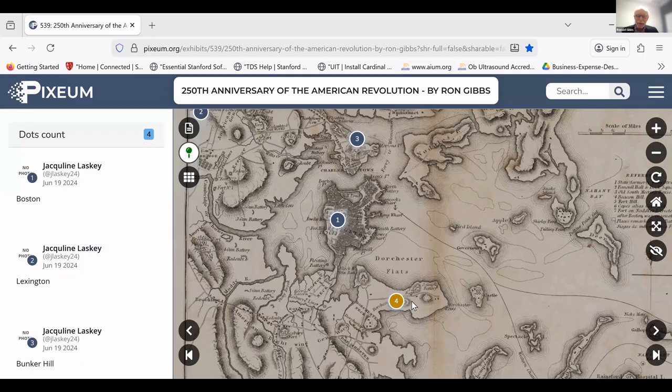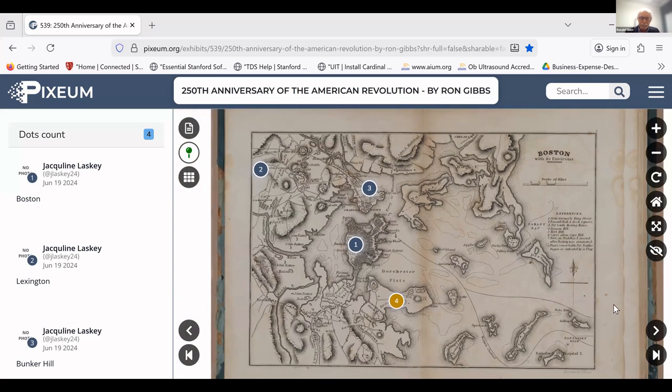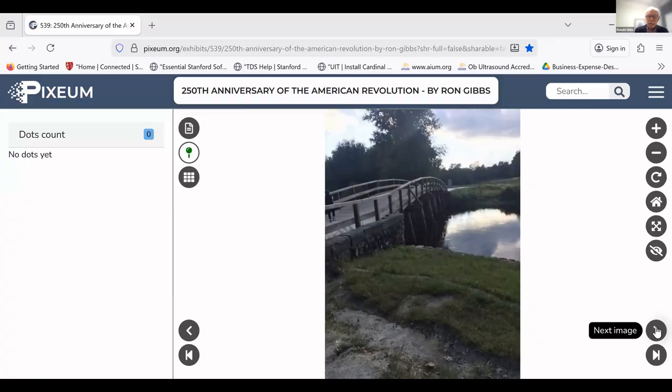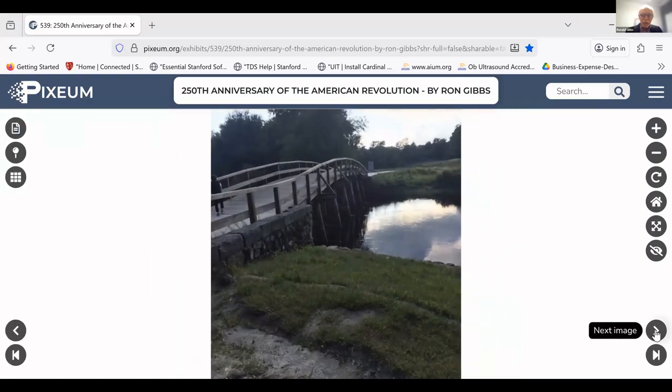Now, to give you a real life feel, I want to show you a series of photographs and paintings. So let's go to the next slide. This is Old North Bridge in Concord, Massachusetts, seen from the view of where the British regulars were, and across the Concord River in the hills in the distance, the Massachusetts militia were forming, and they were coming to charge the bridge and force the British to retreat to Boston.